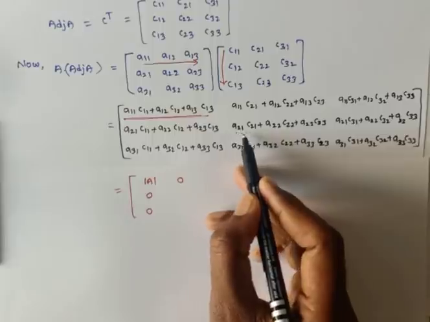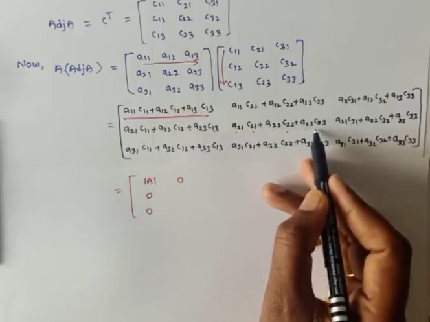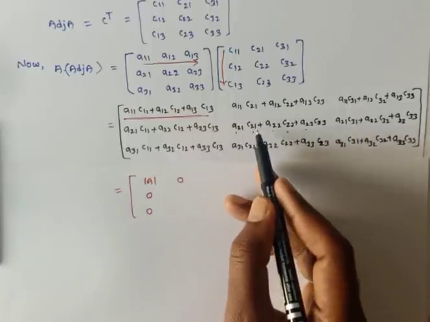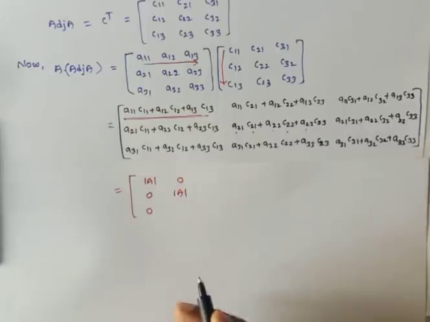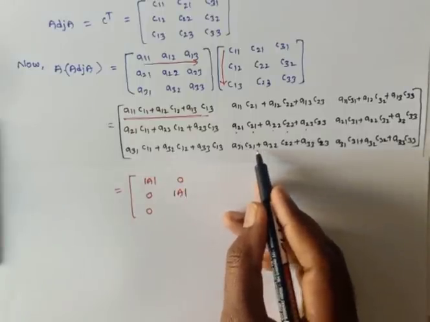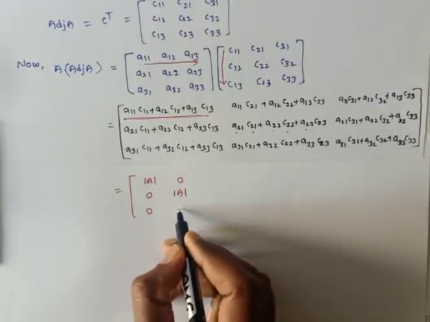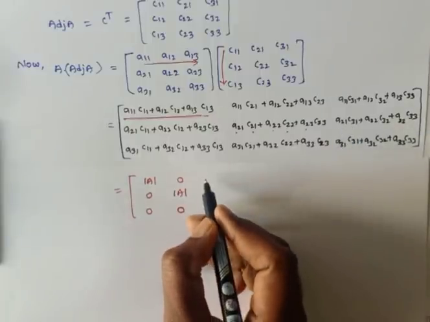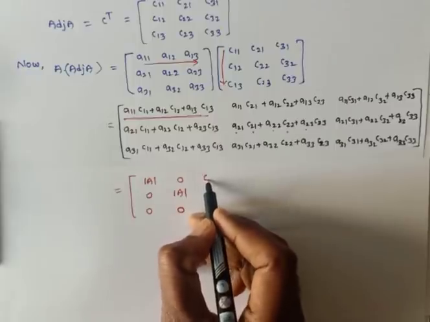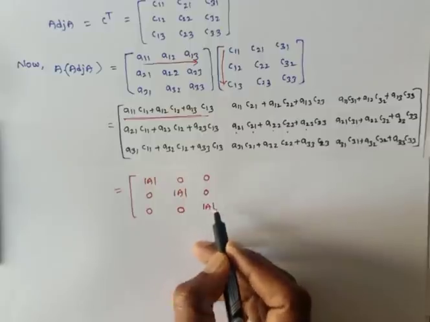And A21, C21, A22, C22, A23, C23, the elements with their corresponding cofactors, define the determinant. And A31, C21, A32, C22 with another row's cofactors define 0. Coming to the third column, it is the same: A11, C31 means different cofactors, 0, and so it is the determinant of A.